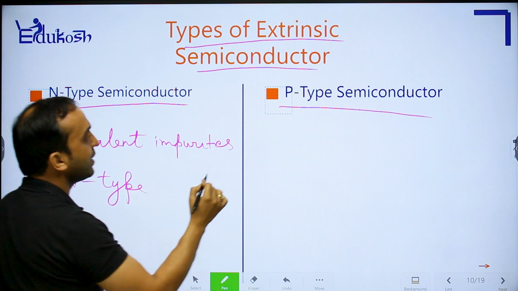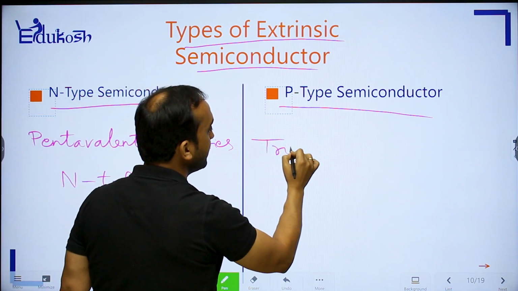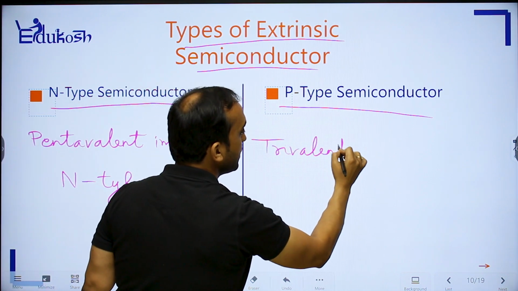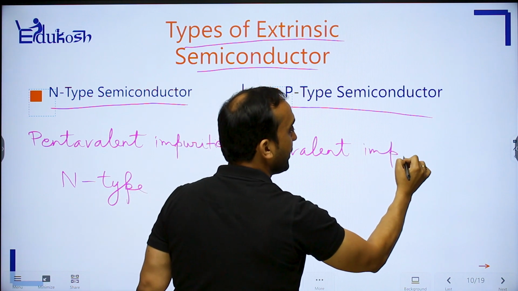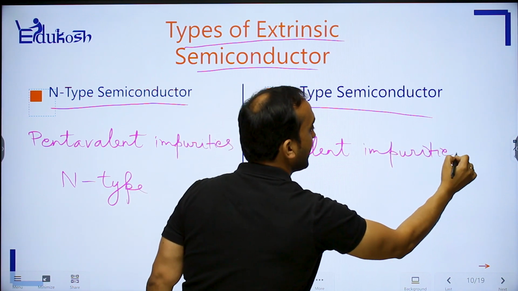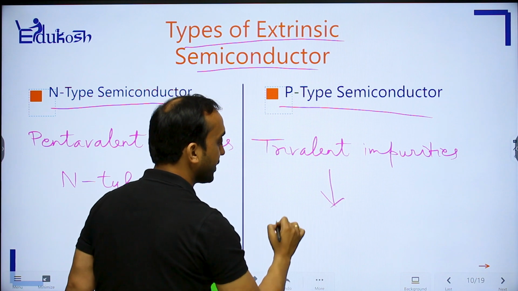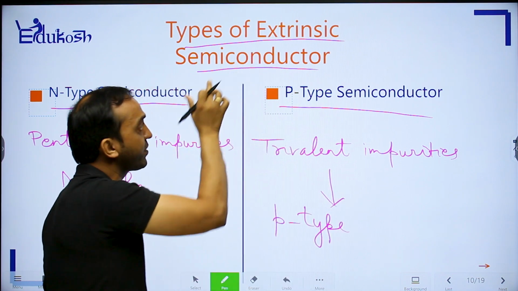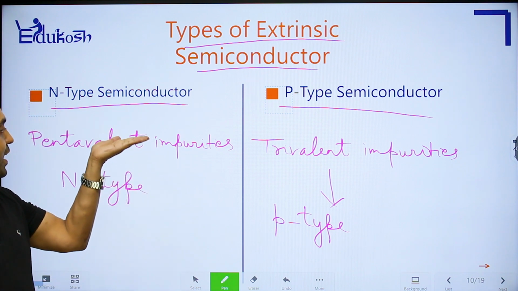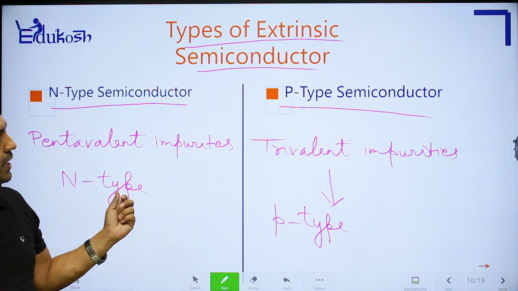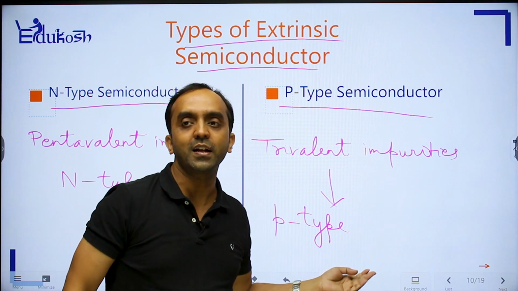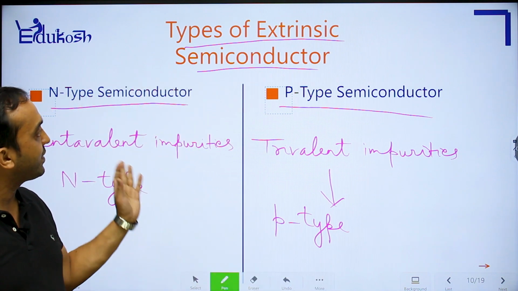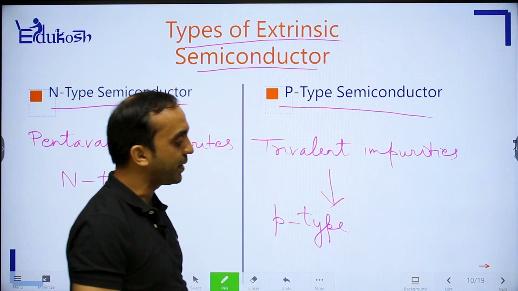And if we add trivalent impurities, so the semiconductor that will be formed is known as a p-type semiconductor. अगर पेंटावेलेंट इंप्योरिटी डालते हैं तो एन टाइप बनता है, ट्राइवेलेंट इंप्योरिटीज डालते हैं तो पी टाइप बनता है. तो दीज आर द टू टाइप्स ऑफ एक्सट्रिंसिक सेमीकंडक्टर.